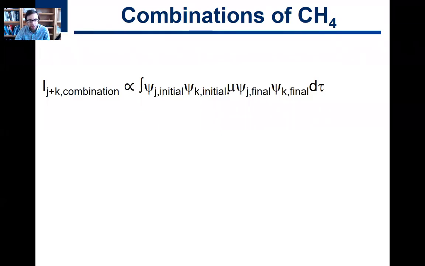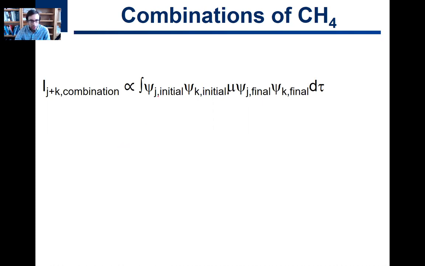So in a manner very similar to figuring out the symmetries and the loudness of overtones, we can do something very similar for combinations. In combinations, you're just adding or subtracting two different modes together.